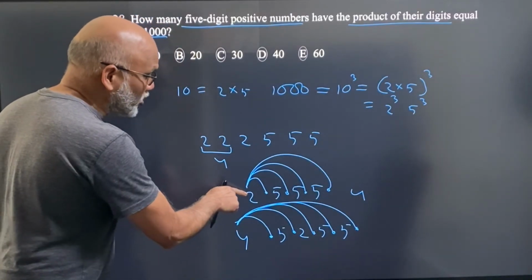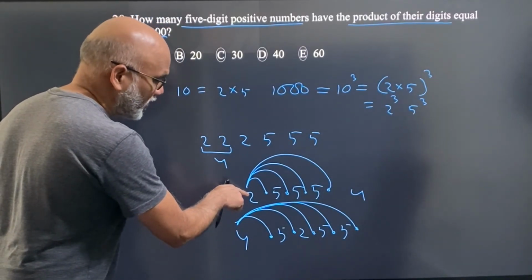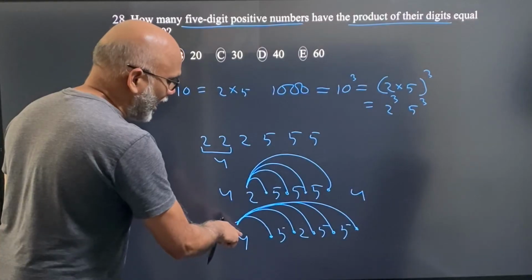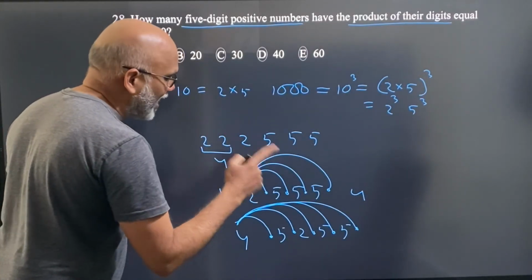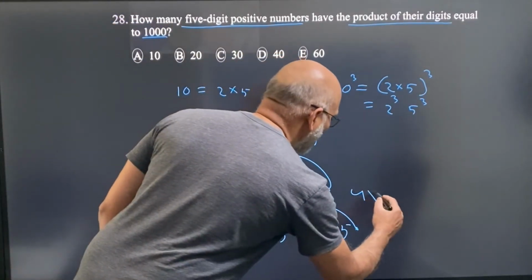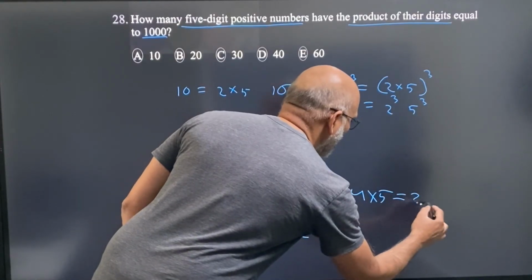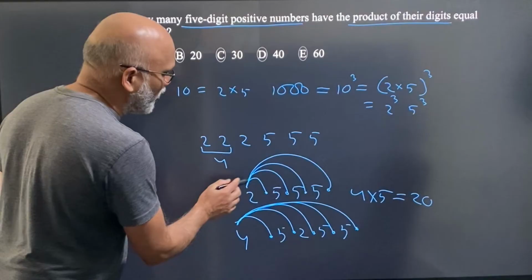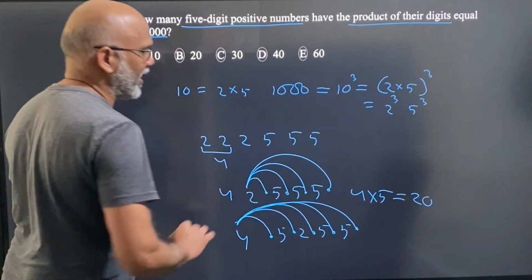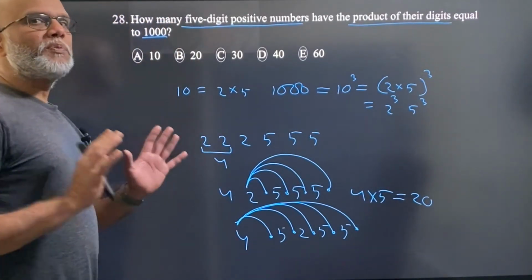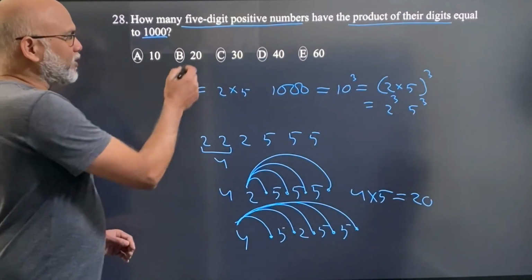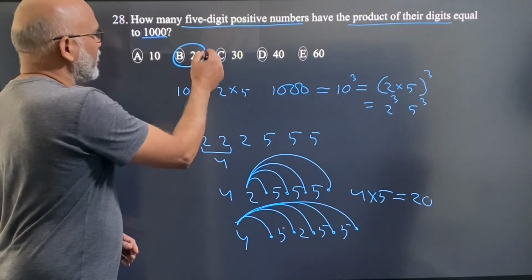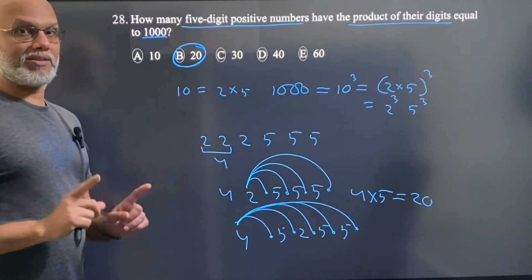So for each placement of 2, I have 5 ways I can place 4. So 4 times 5 is 20. So basically there are 20 different ways I can arrange 4, 2, 5, 5, and 5, right? So at this point it's very tempting to choose B as the correct choice, but it is not.